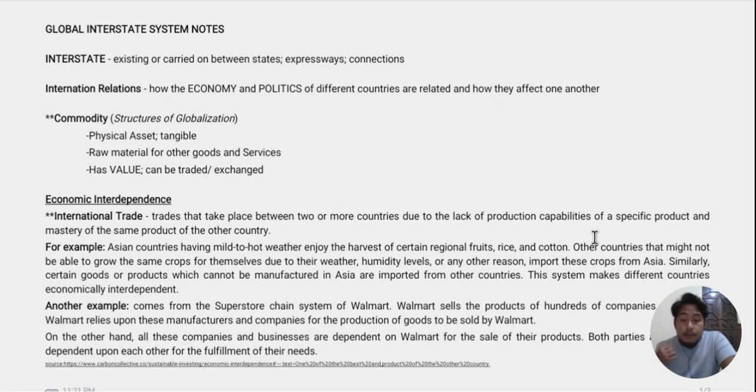Now, these stores rely upon these manufacturers and companies for the production of goods to be sold in stores like SM and Robinson. On the other hand, the companies and the businesses that produce these goods are dependent on stores like SM and Robinson for the sale of the product. And both parties in turn are dependent upon each other for the fulfillment of their needs. So again, another example of economic interdependence. Okay?